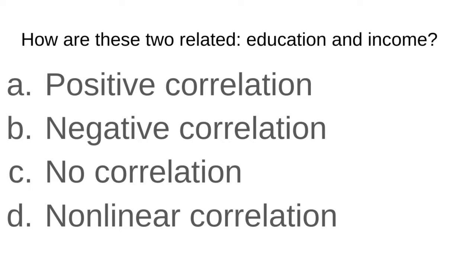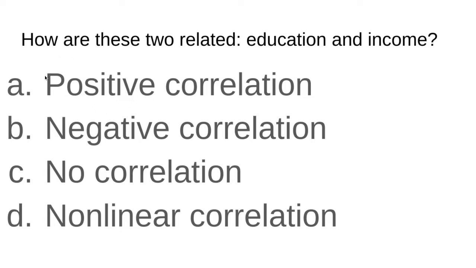We can all think of different examples of people that maybe don't have as much education, but they're making millions and millions of dollars. Think about YouTubers that are still in high school and they don't have a high school diploma yet, but they're making a lot of money. That would be an outlier. Okay. So this one has a lot of different outliers that could happen, but in general, the more education that you have, the higher your income would be, and that would be considered a positive correlation.